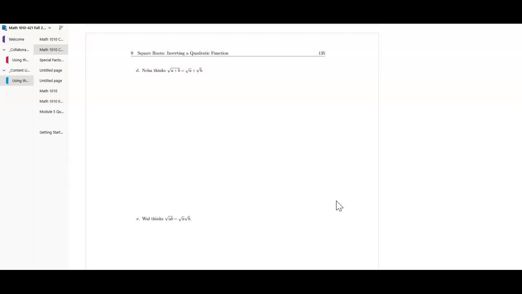All right, so I'm going to rewrite this just a little bit because I want you to think about something here. I want you to think and answer these 4 questions for me. Does the square root of 9 plus 16 equal the square root of 9 plus the square root of 16? So this is one of my questions.